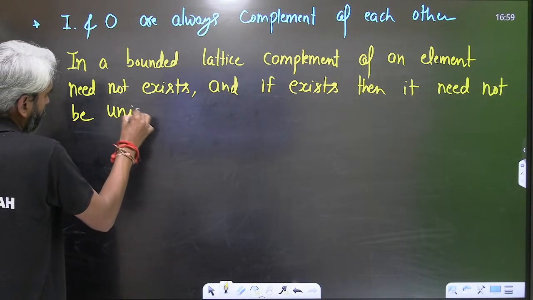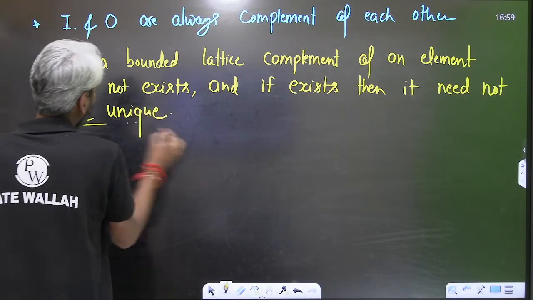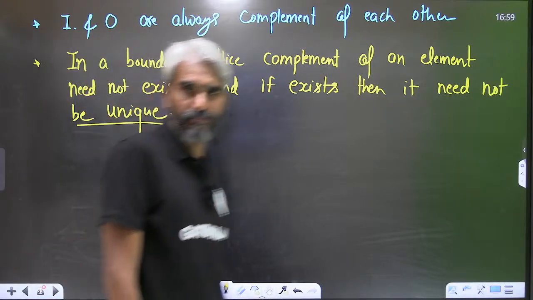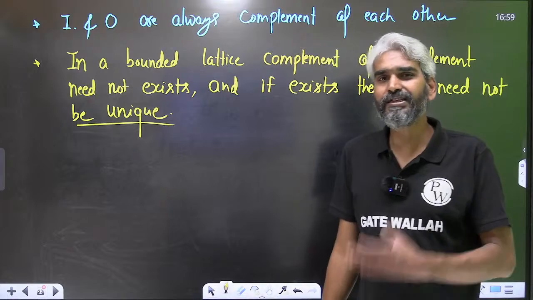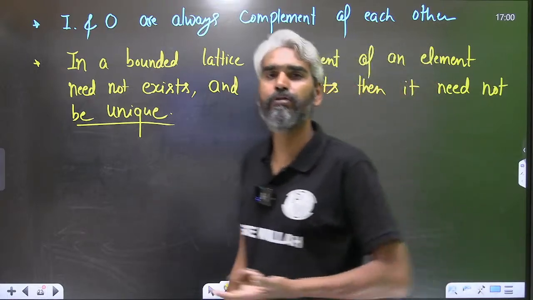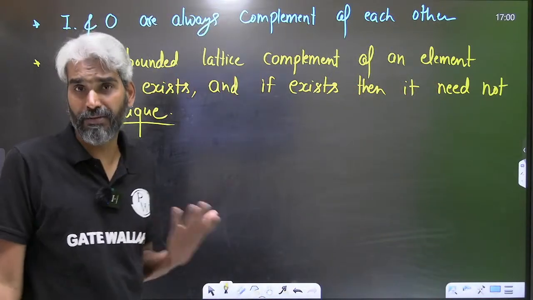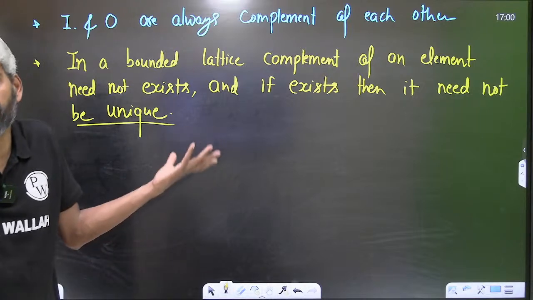What does it mean? That means a complement need not exist for every element. And if it exists, it is not necessary that every element will have a unique complement. There may be more than one complement for some element, and there may be no complement for some element.